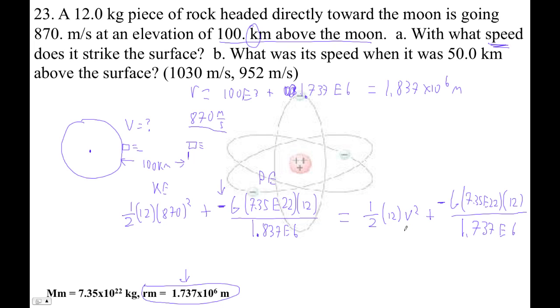One thing you could do, and what I will do here, is notice that in these problems, the mass of the moving object cancels out. So all my calculations that I'm going to do here, I'm just going to get rid of that, right? So now let me do this left side here. 0.5 times 870 squared is 378,450.